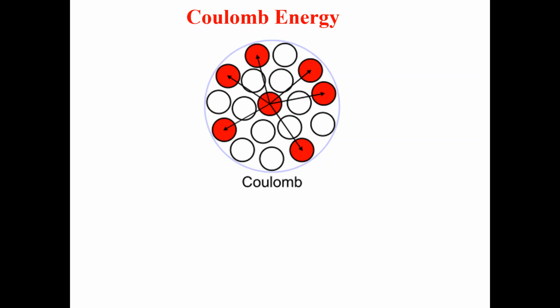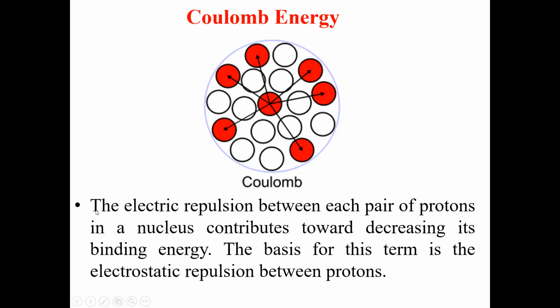So, what is the Coulomb energy term? Just like you can see here in this particular figure, you can easily observe that the electric repulsions between each pair of the protons in a nucleus contribute toward decreasing its binding energy.